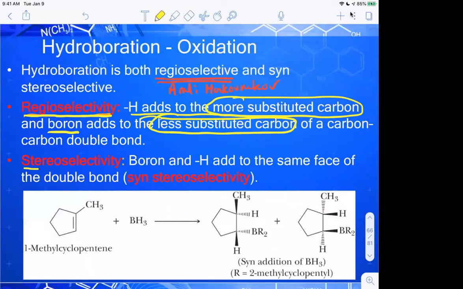I also have to consider stereoselectivity because this is syn. So these add to the same face of the double bond. If they're cyclic, notice I will get a cis.